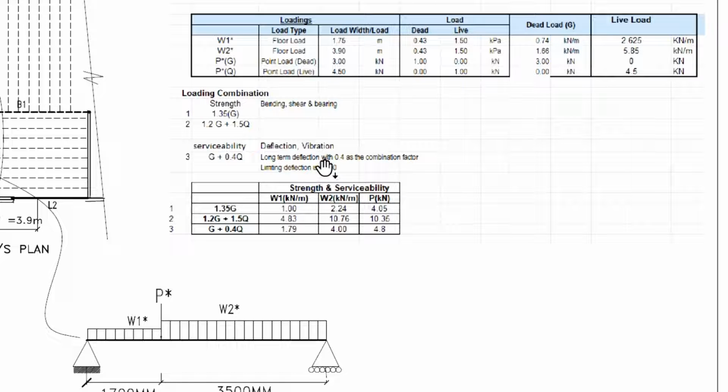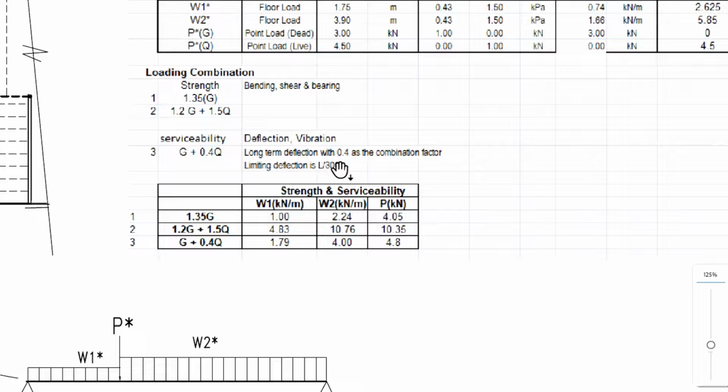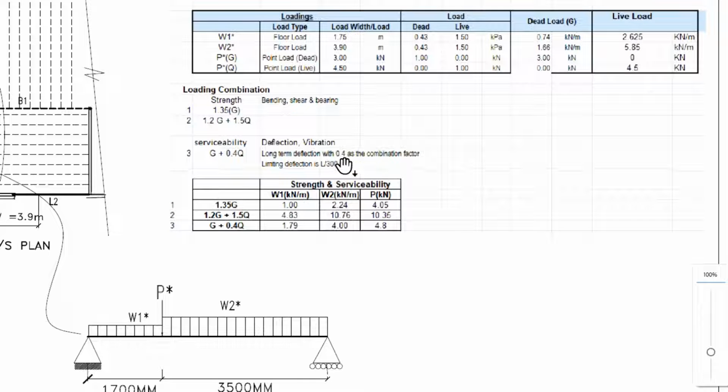For the long-term deflection, the combination factor is 0.4 that we're using in this case, and the deflection shall not exceed L over 300, and this information is in AS 1170.0.